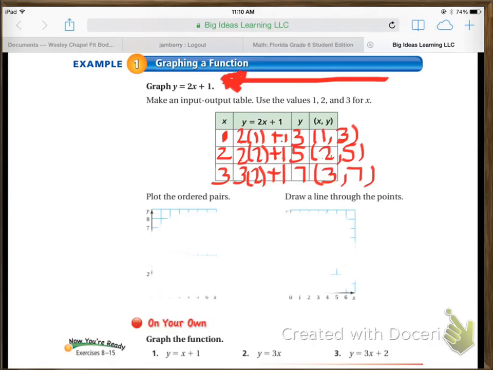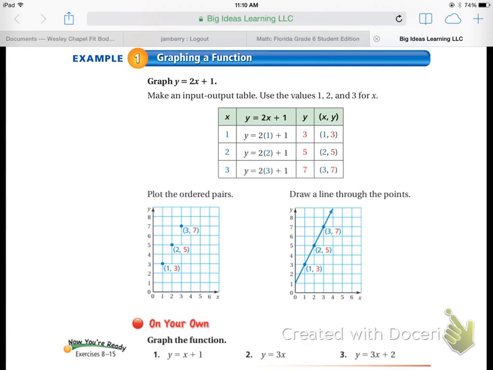Okay. Now, let me go over here and clear the slide. Okay, you can see that the points have been plotted from here.